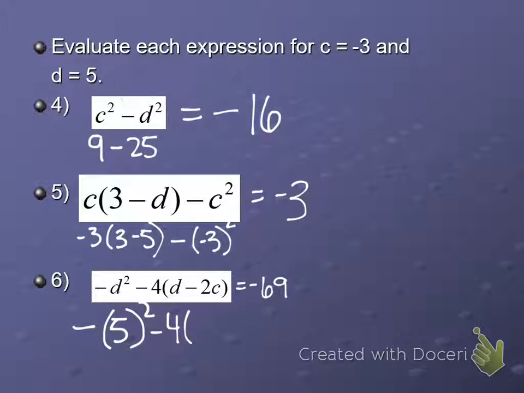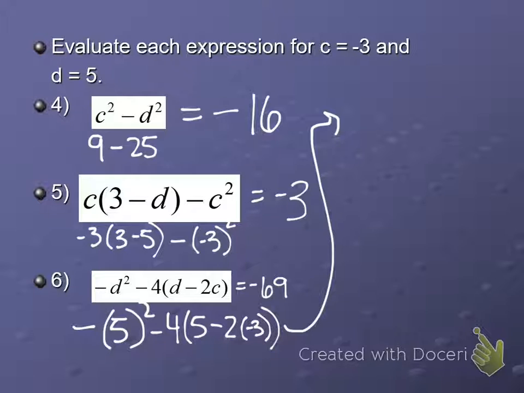Minus 4, I'm going to keep plugging in. Again, I plug in a 5 for D, minus 2 times that negative 3. So I've got double parentheses out here. Again, I'm going to bring this up to the top to have a little more room here.